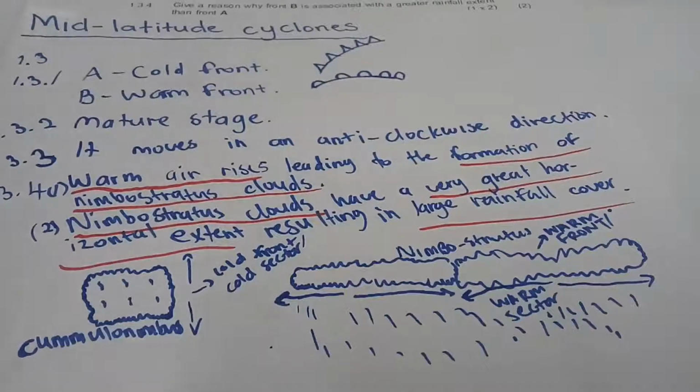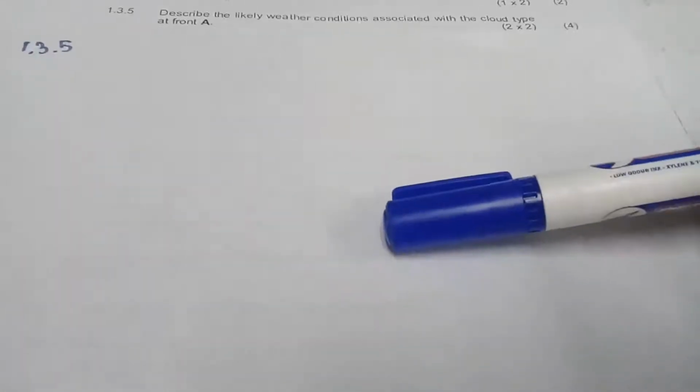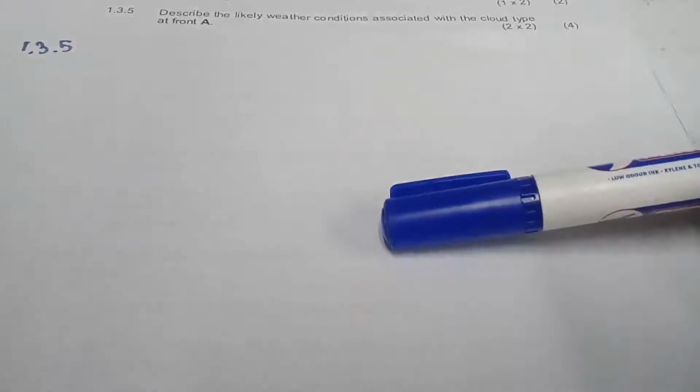I think we should head to 1.3.5. Question 1.3.5 says, describe the likely weather conditions associated with the cloud type at front A. So now we are going to write down weather conditions under a cold front.